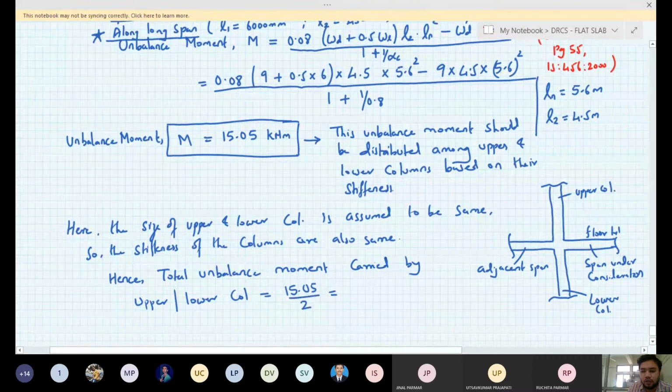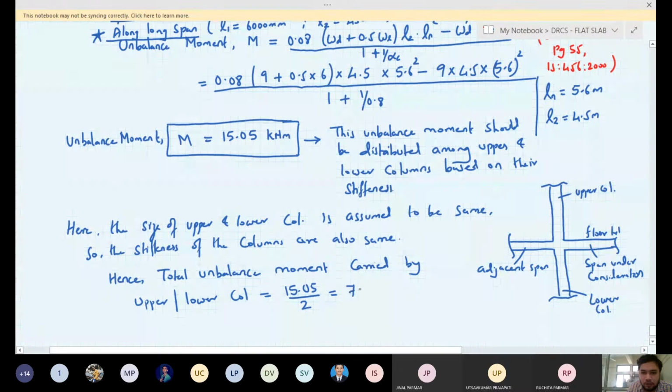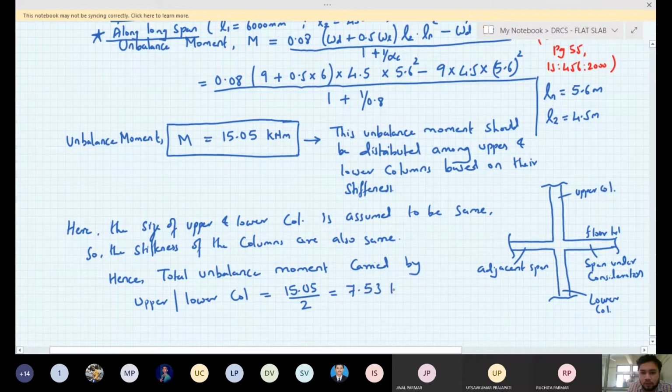So this value is how much? It will be 7.5, plus, 7.53 we can say. Okay, so it will be 7.53 kilonewton meters. Okay, so we'll design the column for this much unbalanced moment. So when you design the column, you have to consider this unbalanced moment in the design of column.